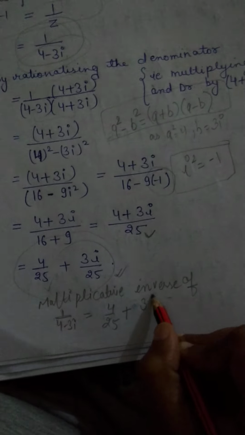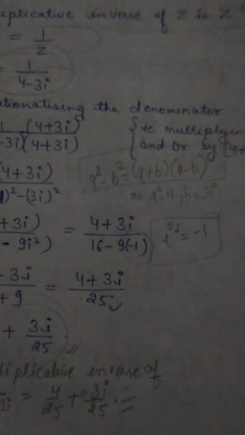So this is all about today's discussion, and once again I want to give you a review of what we have done today. We have done this exercise from question number 1 to 11.